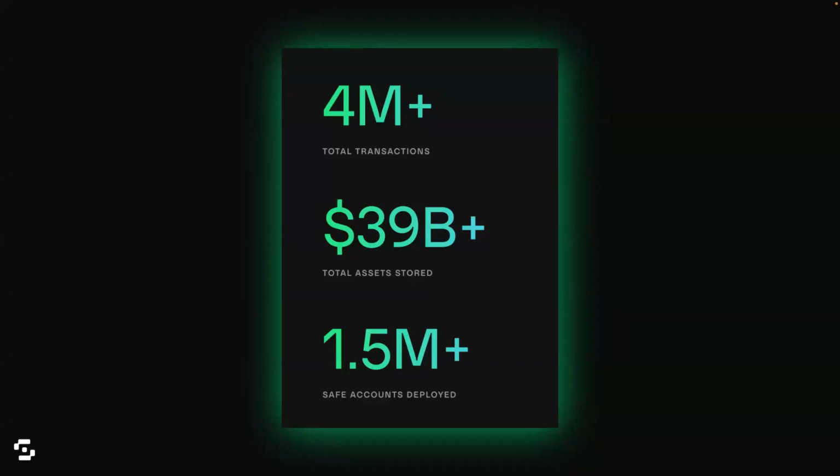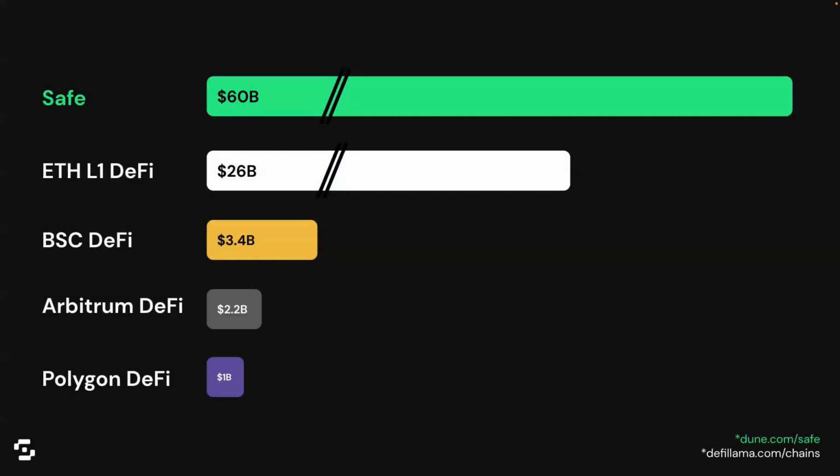Now this number has grown: we're a little bit more than 2.5 million Safes deployed. And as we speak, there should be around 60 billion in assets stored in different ERC20 tokens, plus native tokens, and a lot of different NFT collections as well.